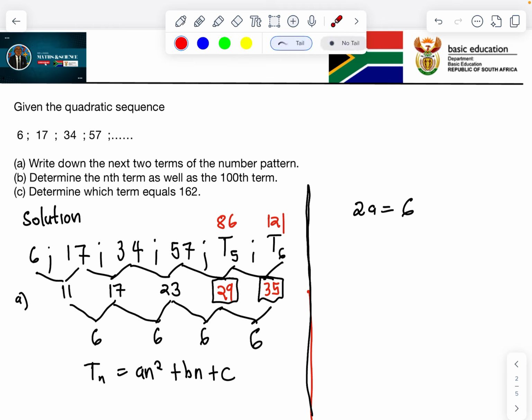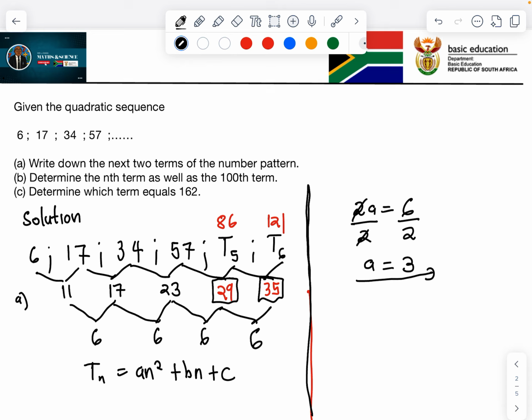So basically what you do, you say 2a and you equate your 2a to the second constant difference, which in this case is 6. Then you divide by 2 both sides. 2 and 2 cancel, and then a is equal to 3.